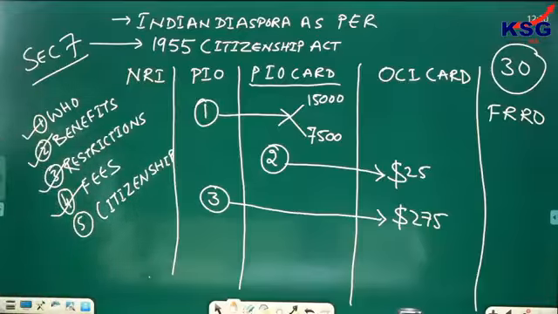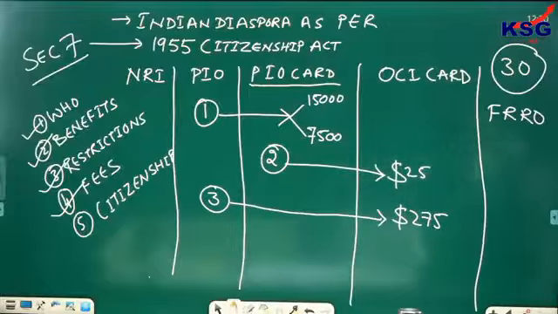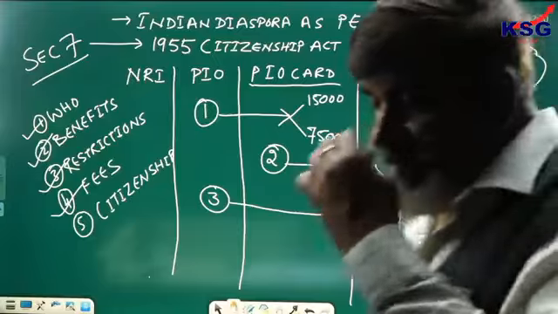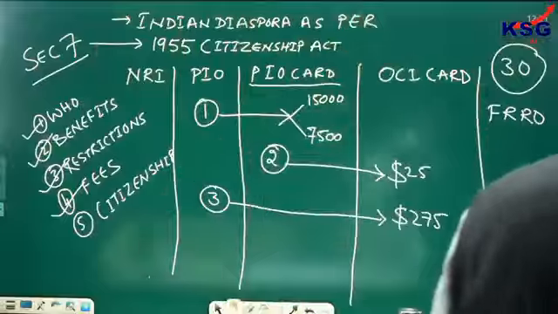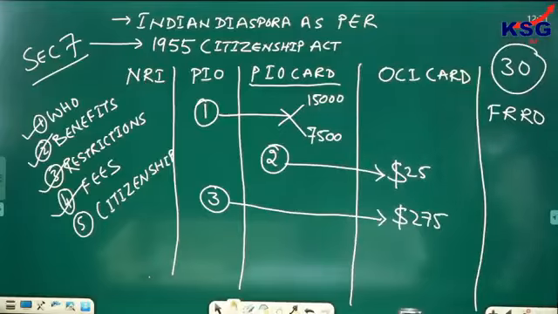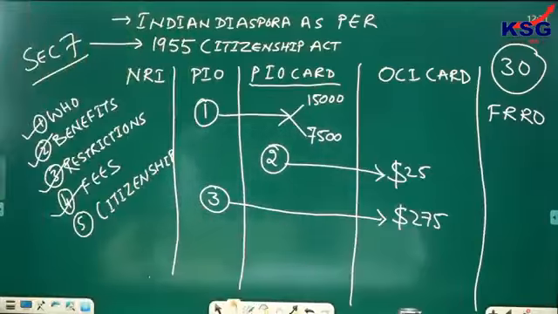First, if PIO wants PIO card, then in that case the adult has to pay 15,000 rupees or equivalent in local currency.